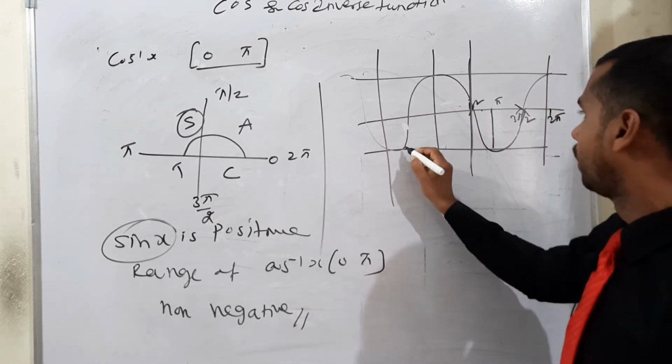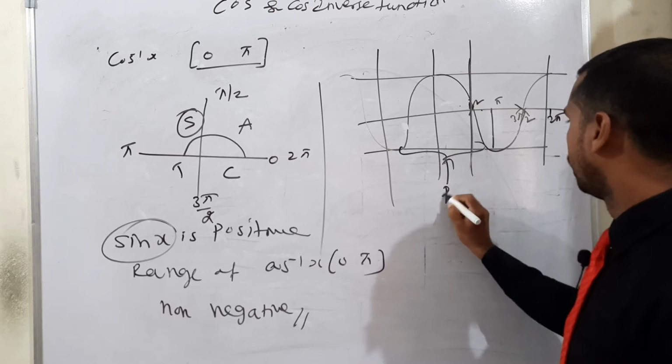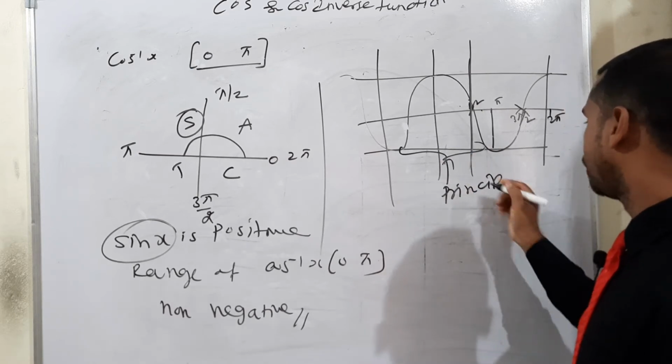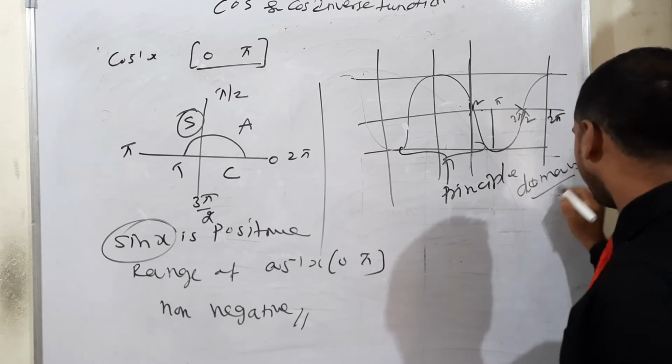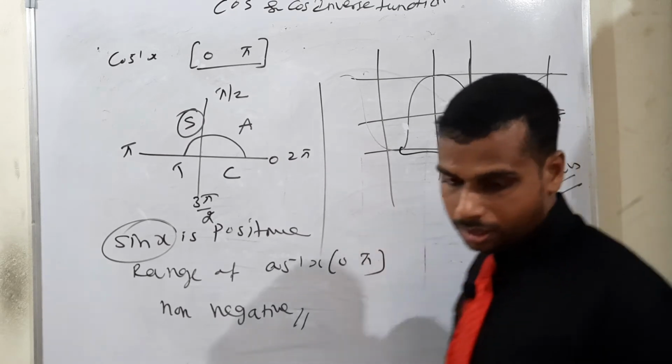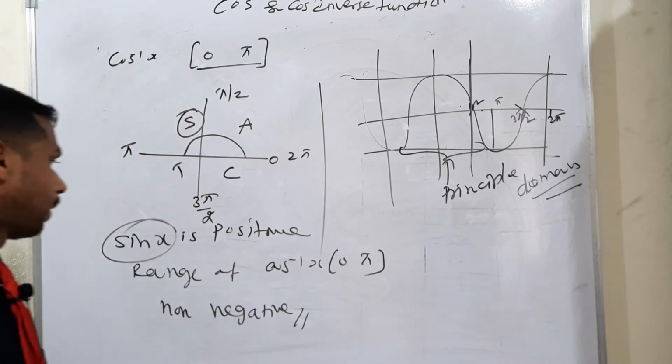Therefore the principal domain value is cyclic. This is the principal domain with the origin. This is also one of the important conditions. Then another important point.